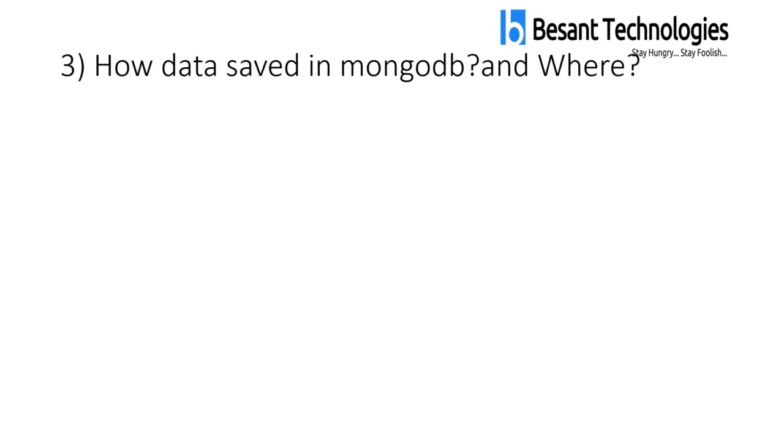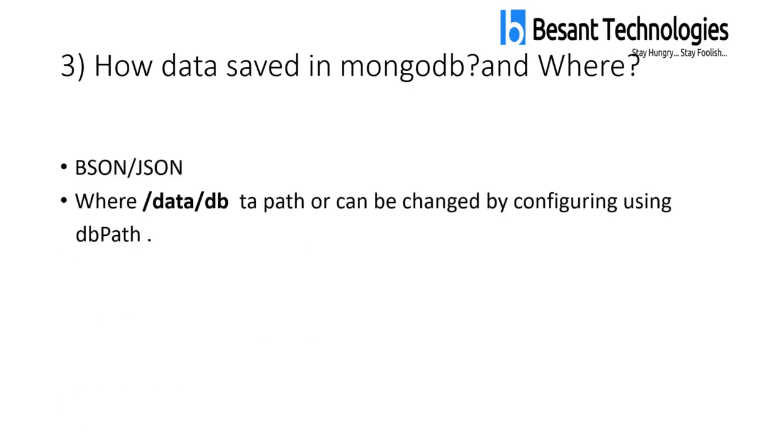We don't need object relational mapping using Hibernate in a non-relational database, because the data here is saved as JSON or BSON. Normally, we save it as JSON and it gets converted to binary JSON, called BSON, and when we retrieve it, we actually get it as JSON.